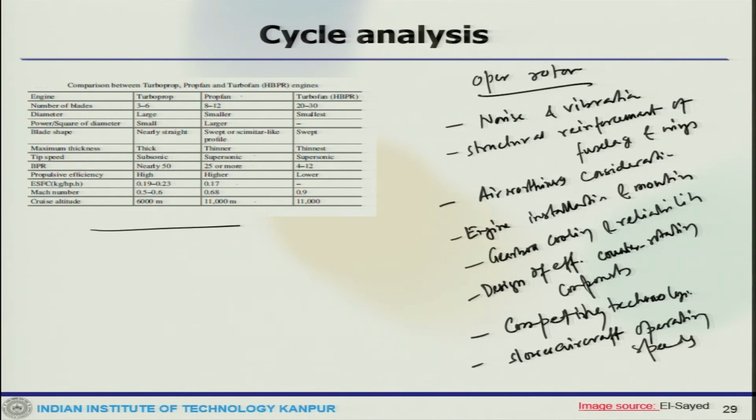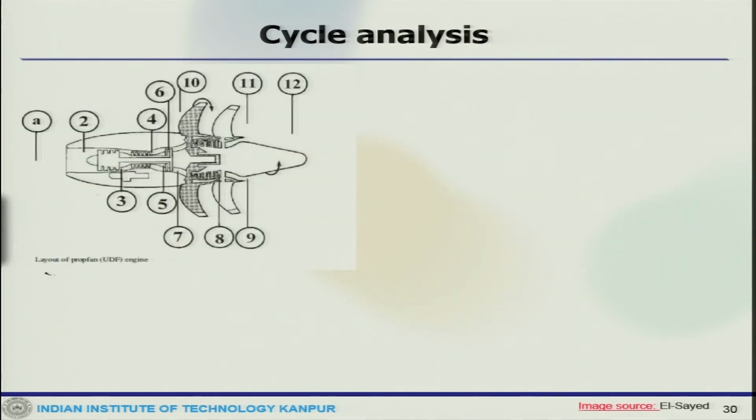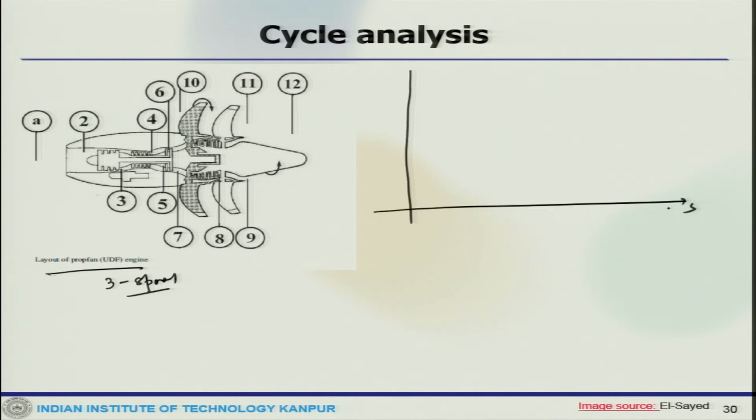The other thing that is also possible is a 3 spool configuration. This is an unducted 3 spool configuration, and this is just an example that this is also possible. You can have a TS diagram for this, and you can similarly look at the analysis.